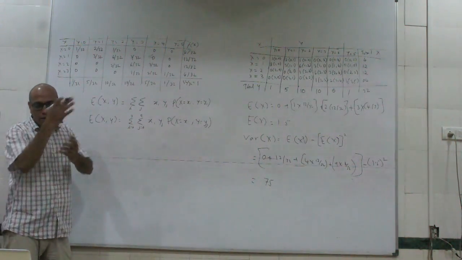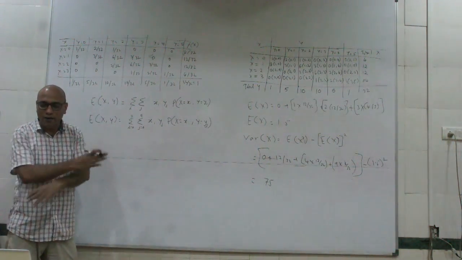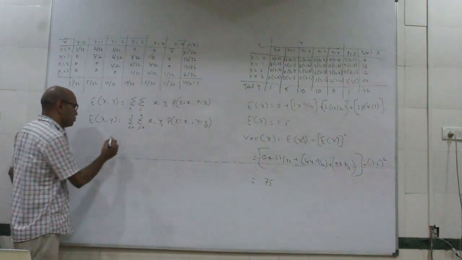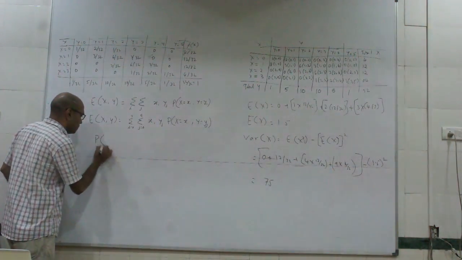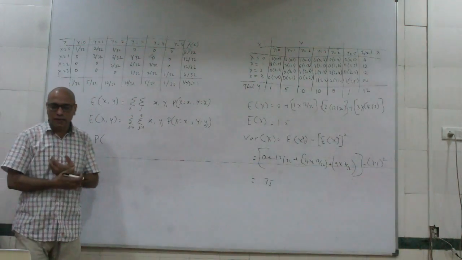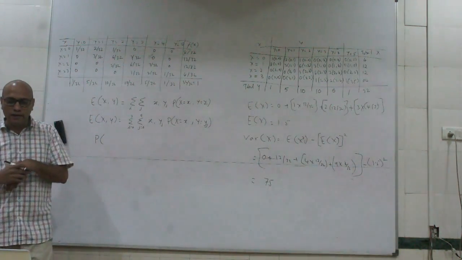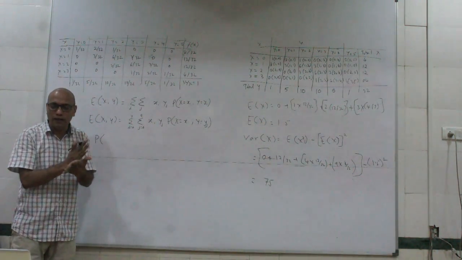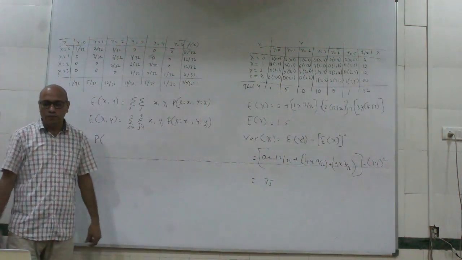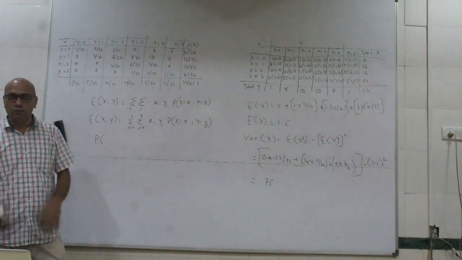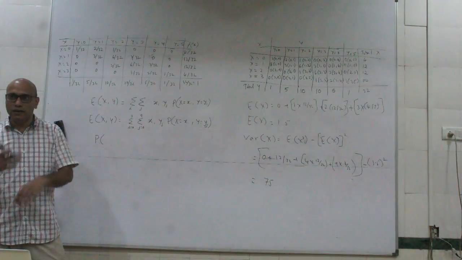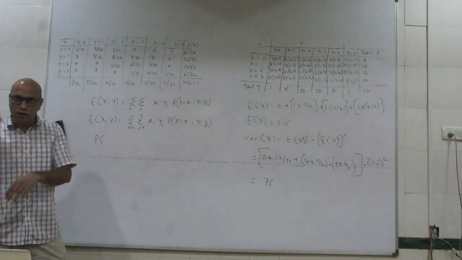Then I do it and then I would add all of them. So what I'm actually working through is probability of x takes a value 1, y takes a value whatever it takes. It will take value from 0 to 5.